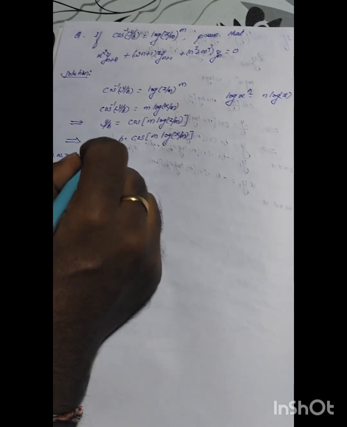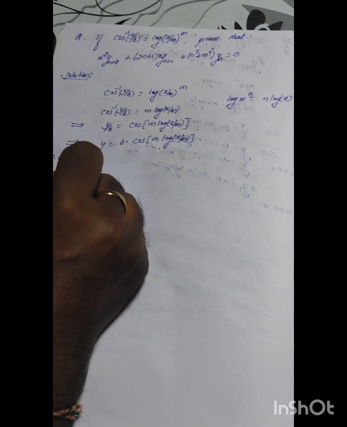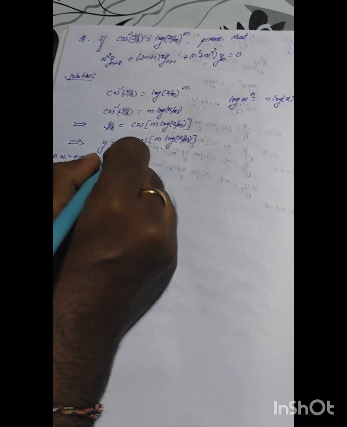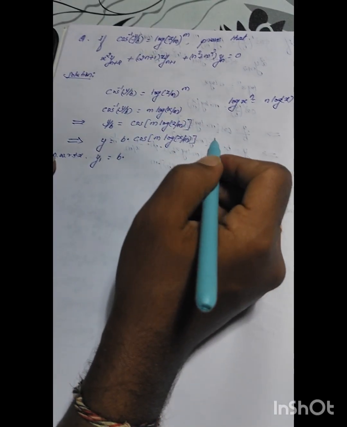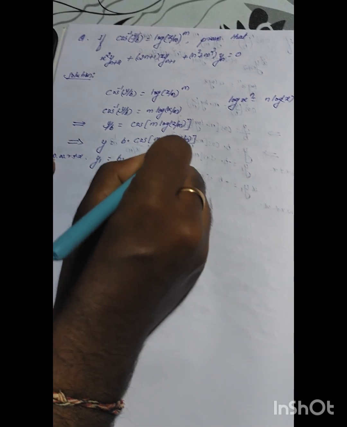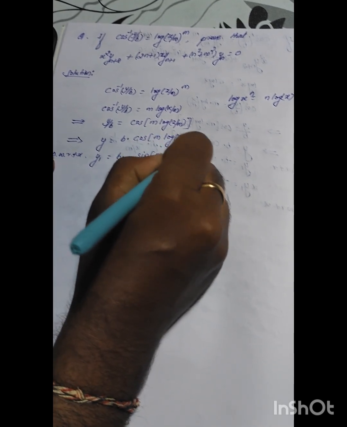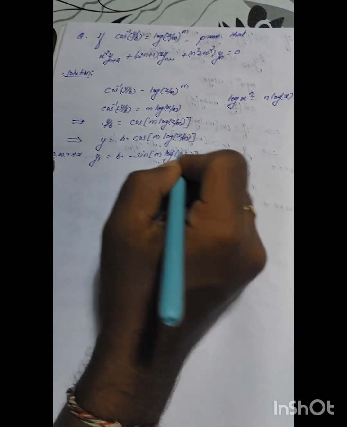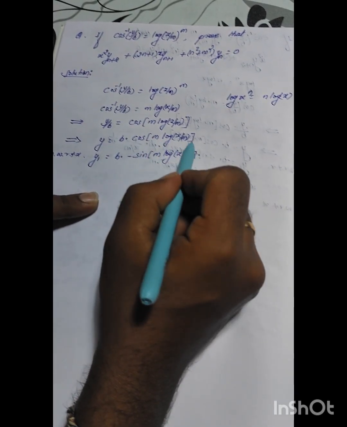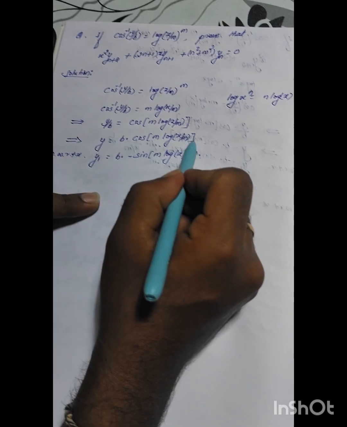Now we will start differentiating the above equation with respect to x. What happens? We differentiate y with respect to x and we will get y1 will be equal to, b is a constant, I am writing it as it is, cos of something will become minus sin of something, so that will be minus sin of m log x over m. Apply the chain rule again here. So we have taken the cos function, so again we have to take the derivative of this m log x over m.